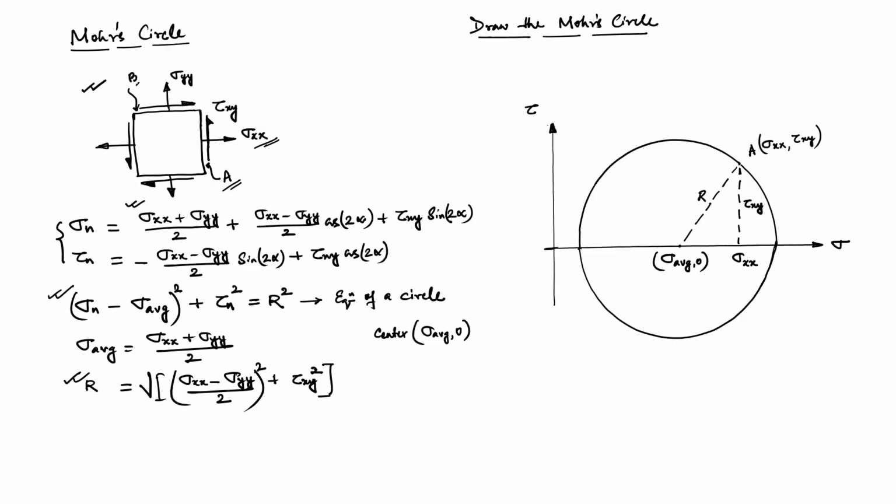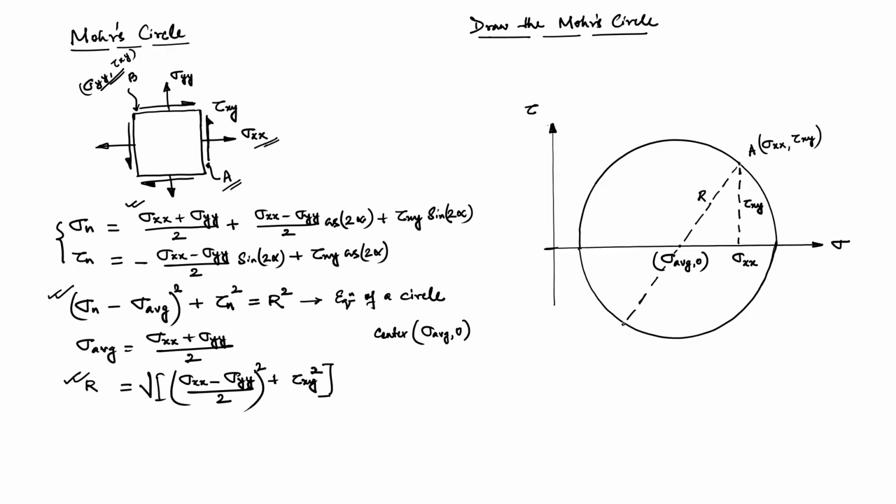Okay. So, where is this plane B? We can mark it. The B plane has two stresses acting, one is sigma yy and obviously tau xy. So, the coordinate of the B plane is given by this. So, we can mark it here. If we extend, obviously on the other side we can mark that.